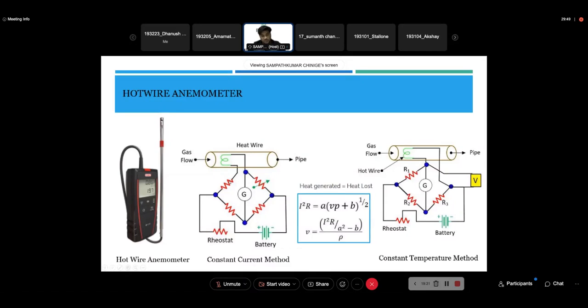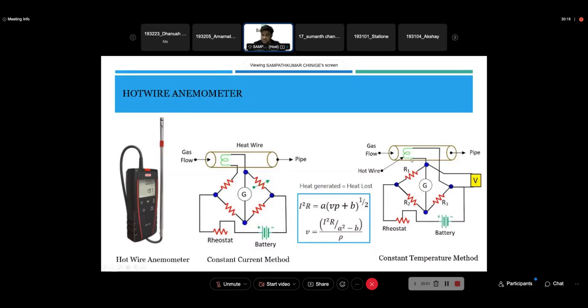So from this principle, you'll be able to evaluate the velocity of the flow. This is one of the methods called the constant current method, where your input current is not being changed, but the change in the resistance is considered for measuring the velocity of the flow, which is flowing over the anemometer sensor or wire. The second one is the constant temperature method, wherein the same principles are being used.